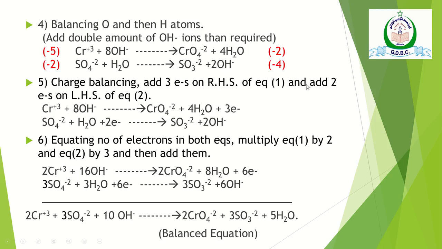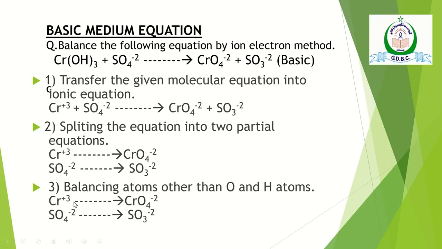So let's see, we have 4 oxygen atoms on the product hand side, and we need to balance the oxygen atoms on the reactant hand side in equation number 1. So we need to add not 4 but double the amount, that is 8 hydroxyl groups on the reactant hand side here. Let me show you.